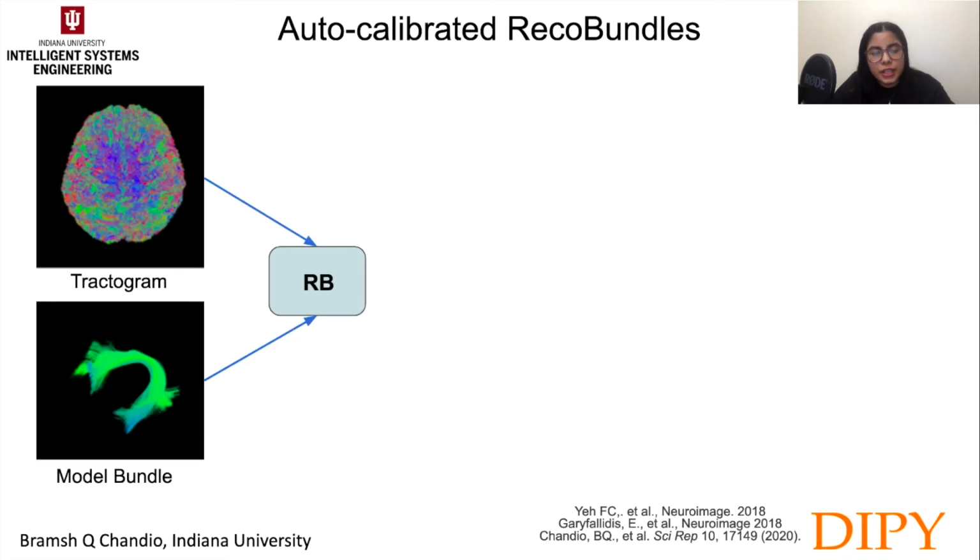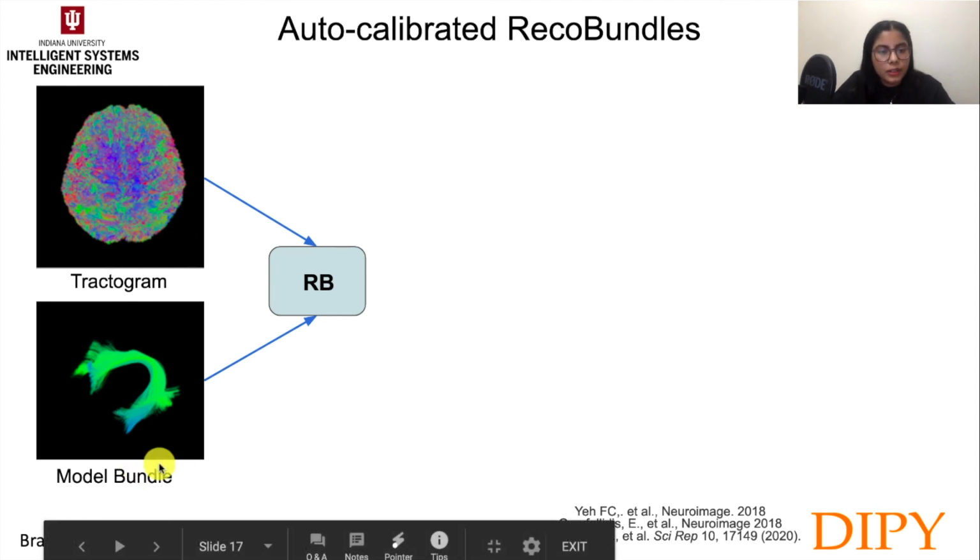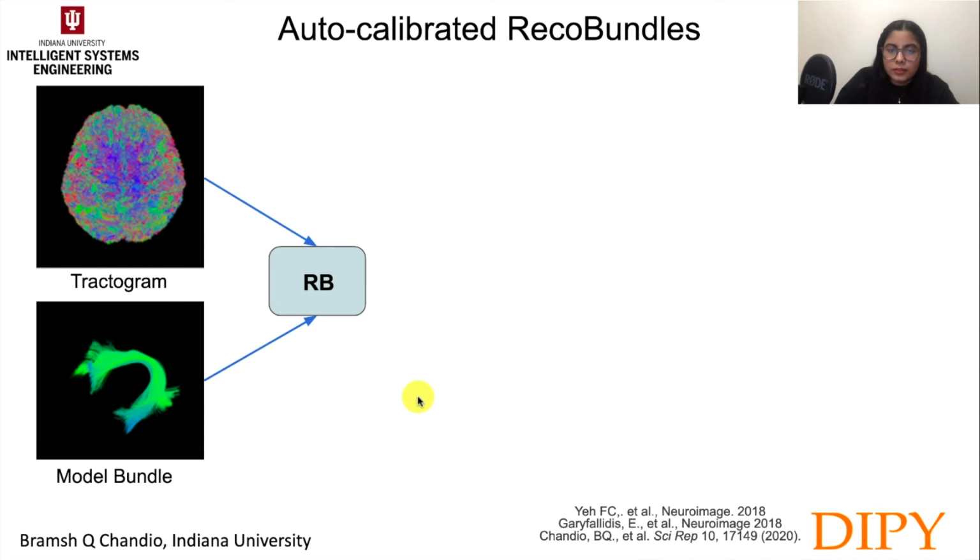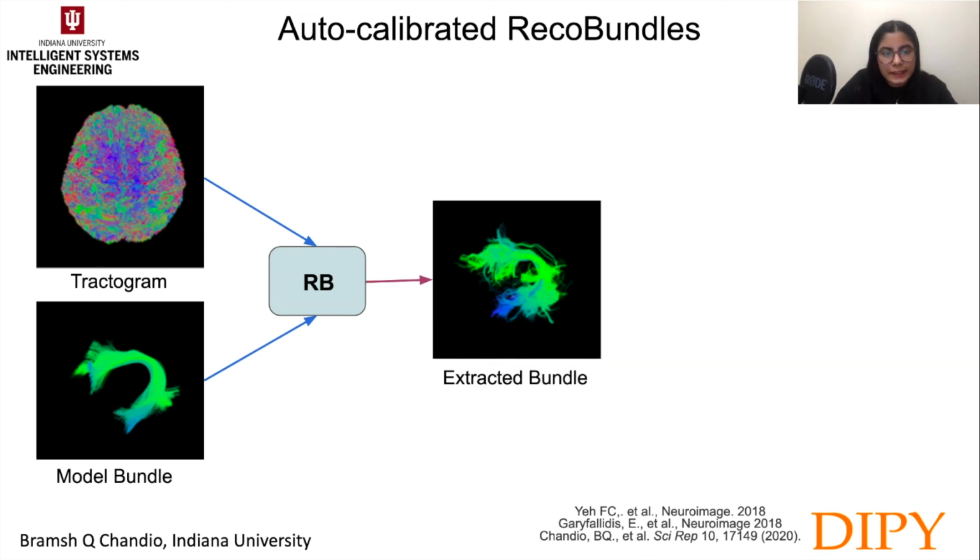After we have registered all the input data into common space, now we start doing bundle extraction. In the previous session, you already learned about RecoBundles and how it works. In BUAN, we presented auto-calibrated RecoBundles. Let's see how it is different from RecoBundles. RecoBundles takes a tractogram, which is now in the MNI space, and a model bundle, and it extracts the bundle that looks like the model bundle in our input data. We added another step.